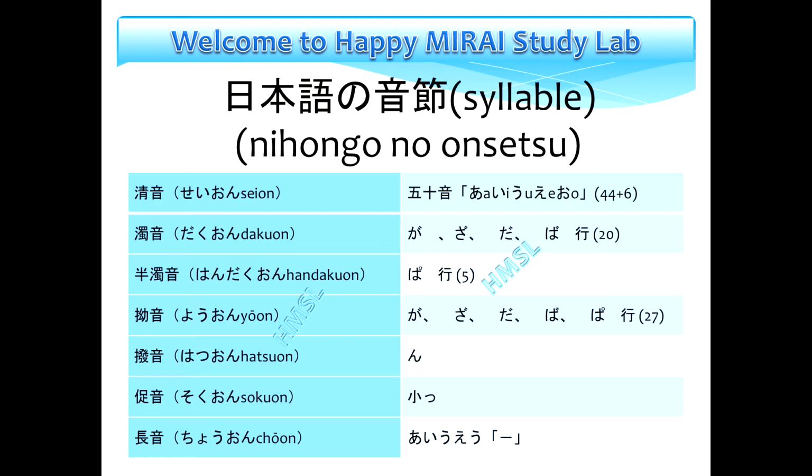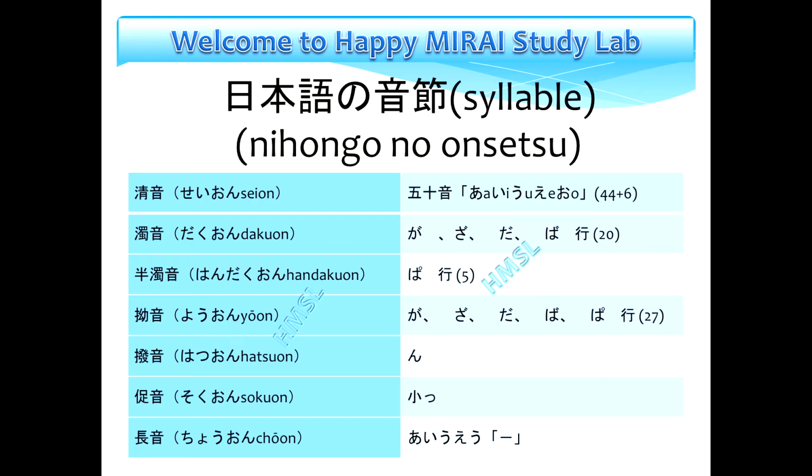Sokuon is the small tsu. This one is considered as one separate syllable, the small tsu. Then the very last one is the choon. When you learn vocabulary, you will notice that in some words and phrases you need to drag the sound.